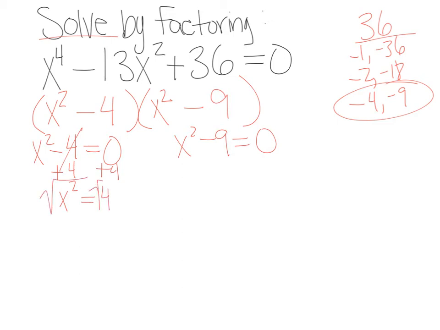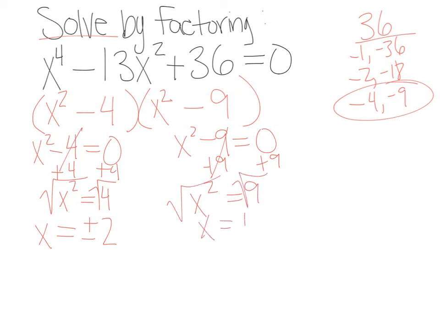And taking the square root, I'm going to end up with x is equal to ±2. For the second one, adding 9 to both sides, I end up with x squared is equal to 9. Taking the square root again, x is equal to ±3. So my answers are -3, -2, 2, and 3.